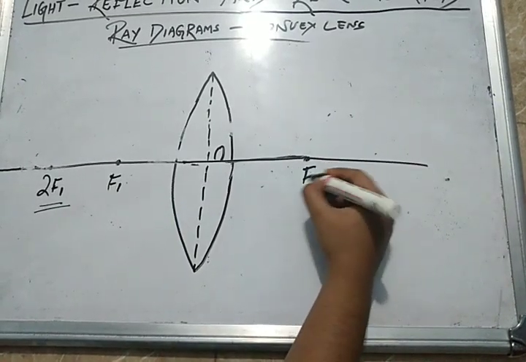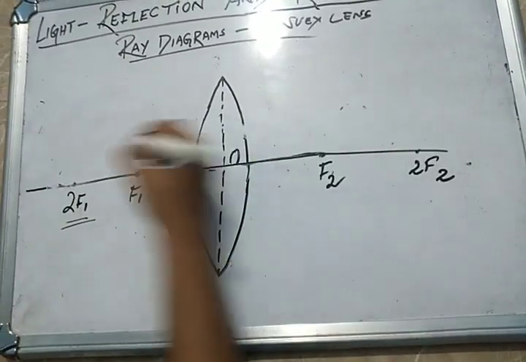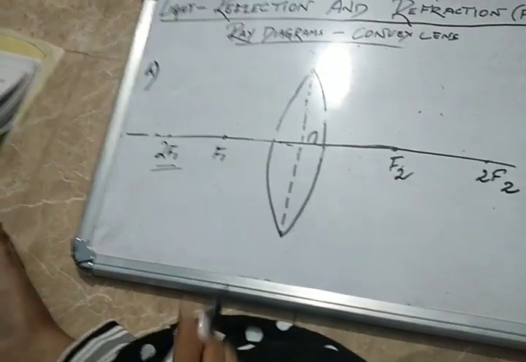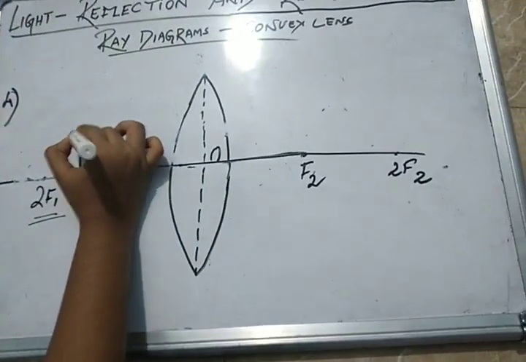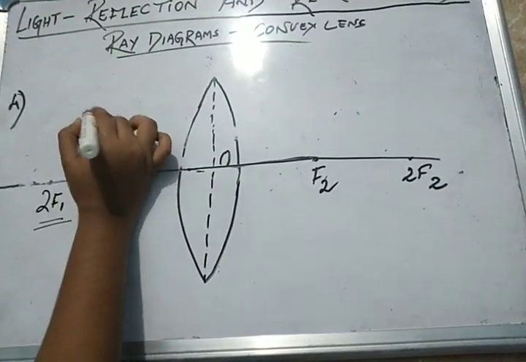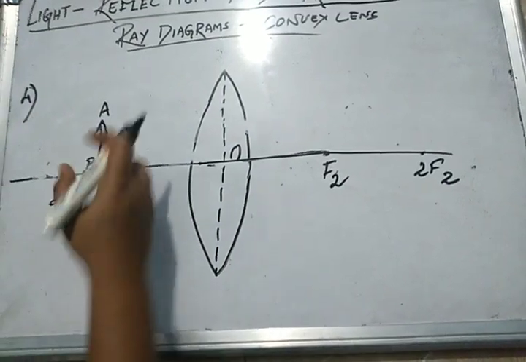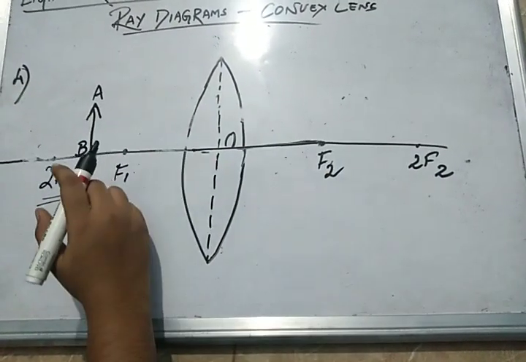This is F2, 2F2 and fourth ray diagram, number 4. This is the object A, B. You can take L, M, N, X, Y, whatever letter you like.